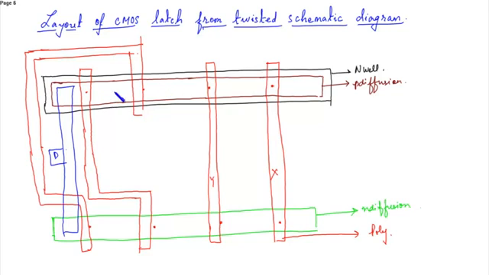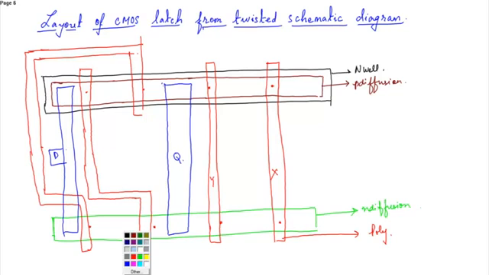This is connected. Okay, this is the output Q. This is your C. This is your C bar, and this is your C.